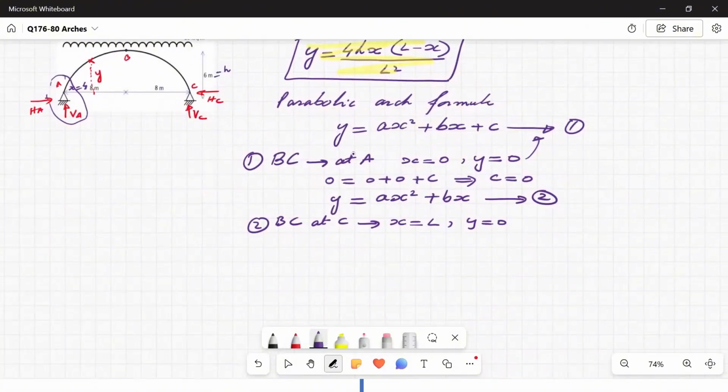So if we substitute these values back into this equation, y is 0 and x is L, it means 0 equals aL square plus bL.